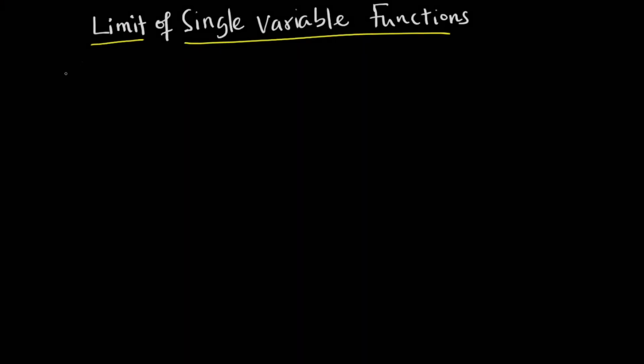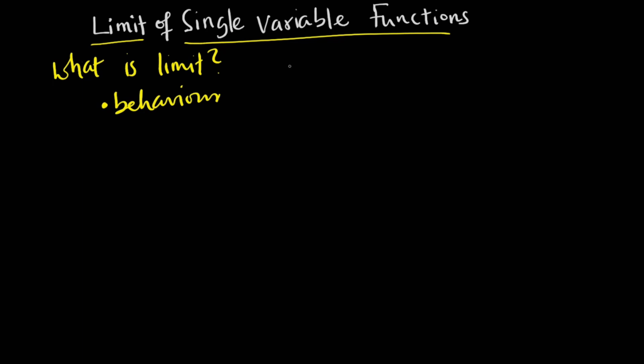Now, to start off, the simple question is, what is limit? What do we mean by limit of a single variable function? When we talk of limit of a function, we are interested in the behavior of the function as its independent variable approaches a certain value.